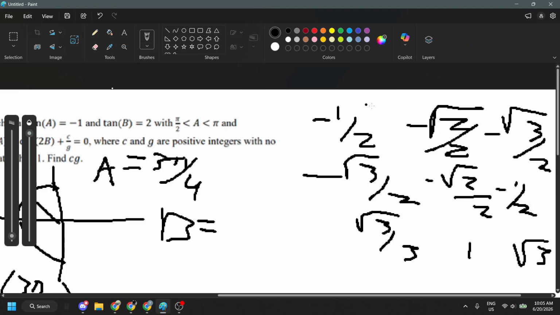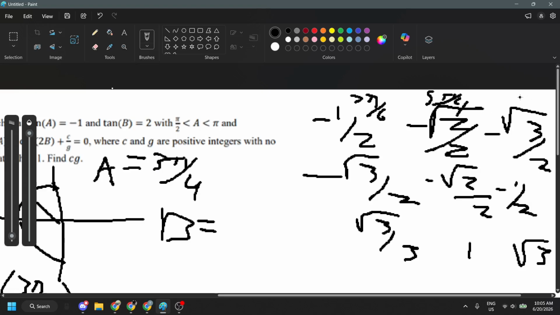So the angle is going to be, sorry, I'm just so hungry right now, it's going to be 7 pi over 6, I think. Then here it's going to be 5 pi over 4.